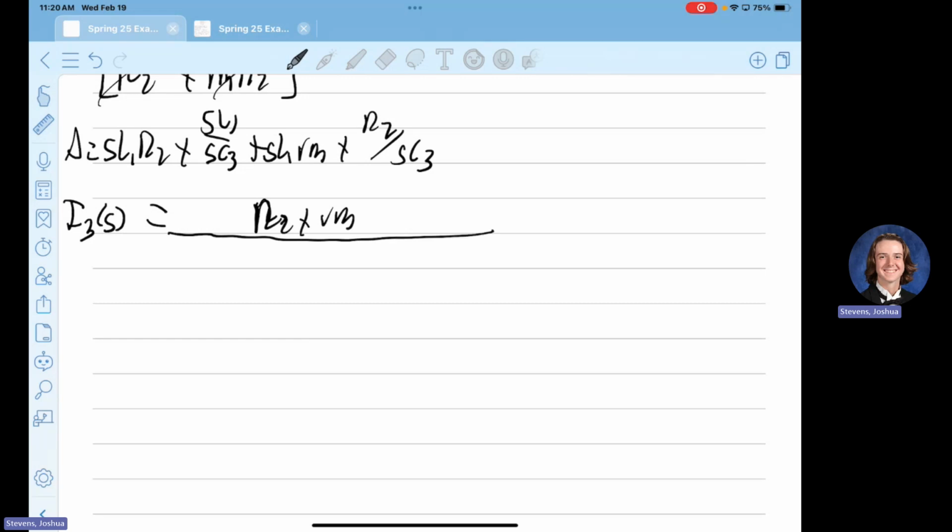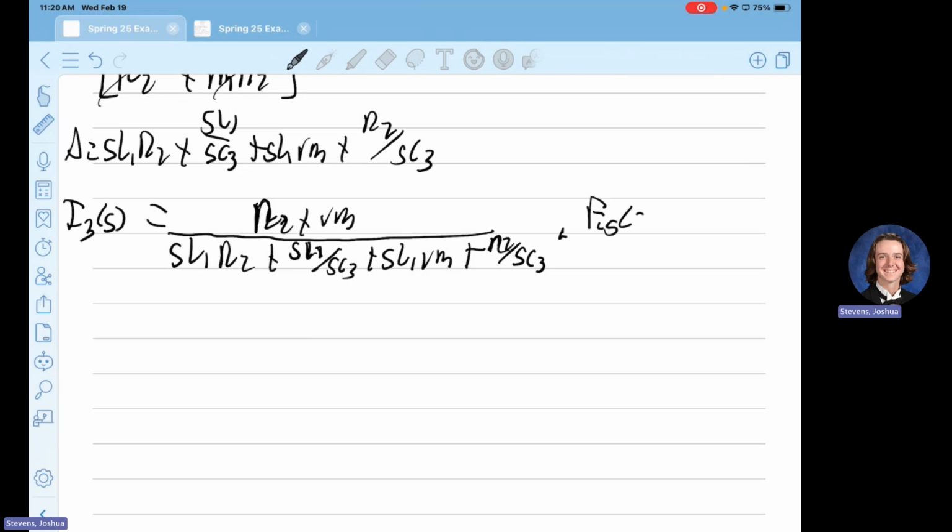And then our determinant becomes SL1 R2 plus SL1 SL3 plus SL1 RM plus R2 SC3, times EG of S. So another thing about calculations, you see I have in the numerator just two different terms. Would y'all agree that I only have two different terms in my numerator? And then in my denominator, I have four.